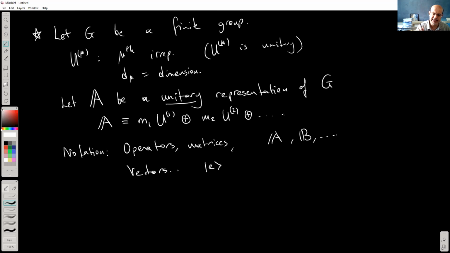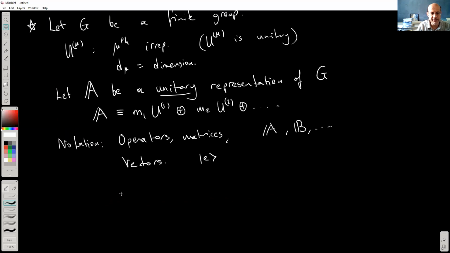I'm doing this just to distinguish the different kinds of objects that we are going to have. The operators or matrices are on the vector space where A is defined, and the vectors on that vector space are kets. There are also these small representation matrices in a different dimension, and I'm just going to use the regular notation for these. So, definition.